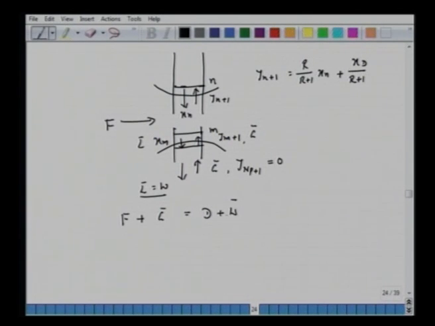Mind you, this W bar is nothing but L bar. Compare this to the earlier case where we had F equal to D plus W. Now we have F plus G bar, that's what enters, equal to the top product D which leaves, and L bar or W. So these are the new equations we have.